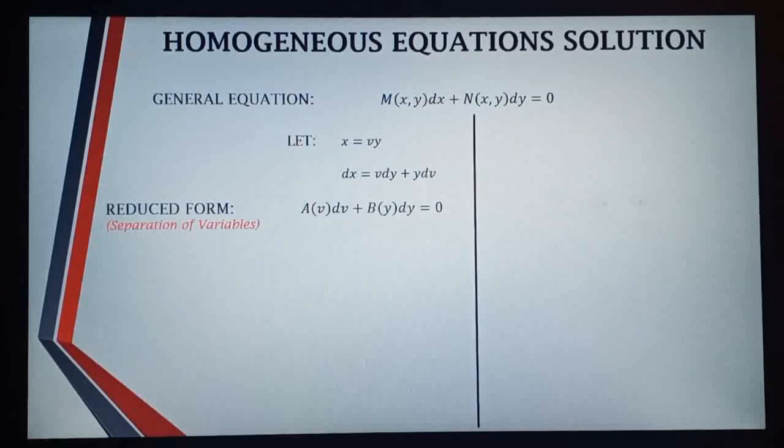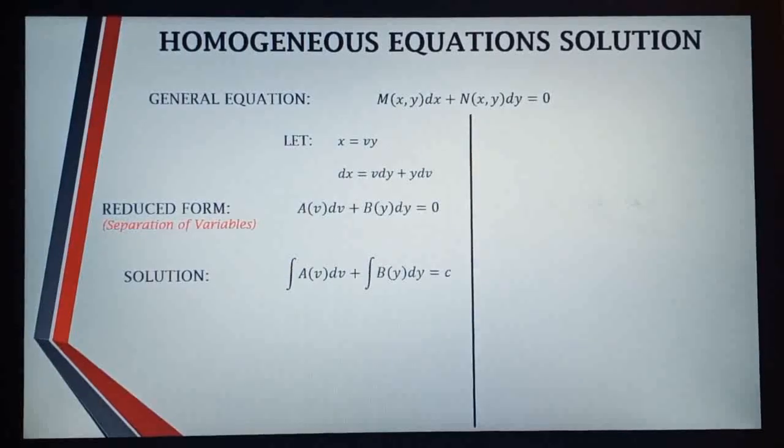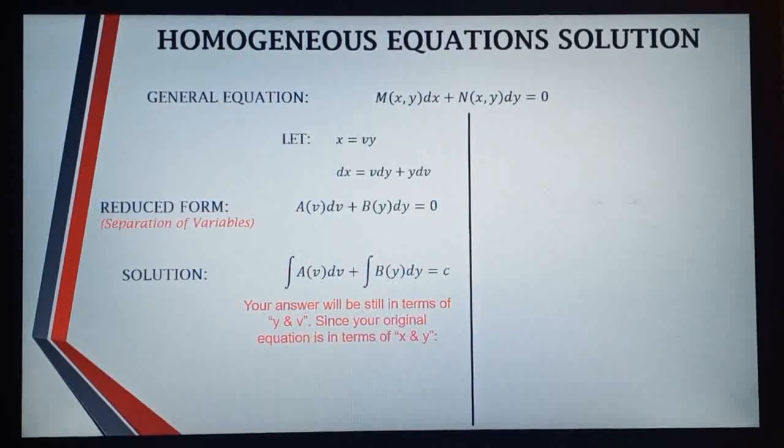Ngayon, kapag na-separate mo na yung variables, you can now have the integral of A of v dv plus the integral of B of y dy. Then the integral of 0 is constant. So you will notice that your answer will be in terms of y and v. But your original equation is in terms of x and y. So, kailangan yung answer mo na in terms of y and v, maibalik mo sa x and y.